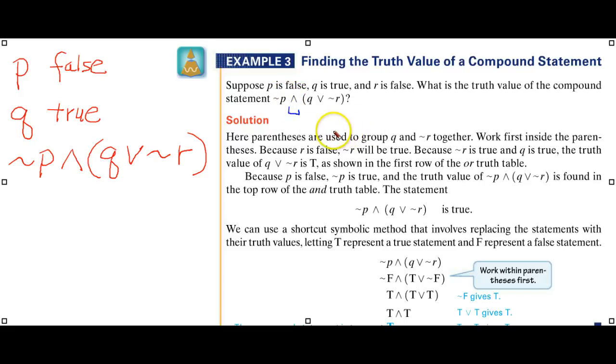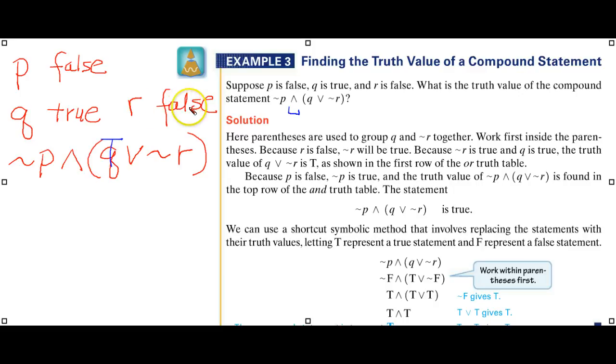Well, if I were a student, I'd write it out, and then I would work within the parentheses first. So we're saying that Q here is true. So I'm going to say that's true. And I see I left R off of there initially, but it's there.